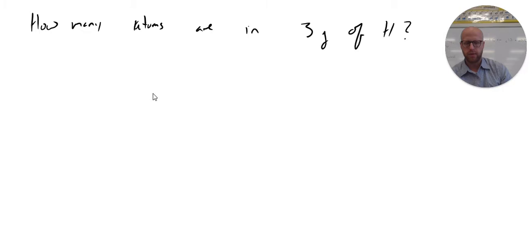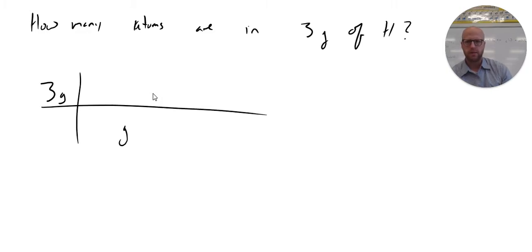So we start with our given value, 3 grams. I want to cancel out grams, so I'm going to put that in the bottom, and I want to go to moles. Well, I know for hydrogen there's 1 gram per every 1 mole, because its molar mass on the periodic table is 1 gram per mole. So my grams cancel out, and I'm left in moles. But I don't want to finish in moles, I want to finish in atoms.